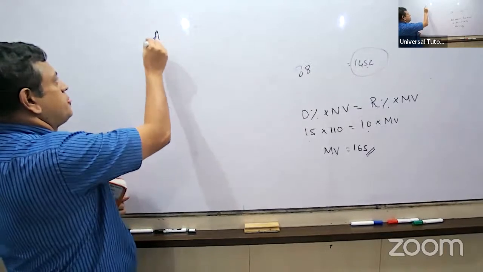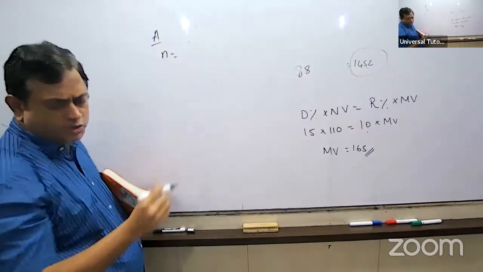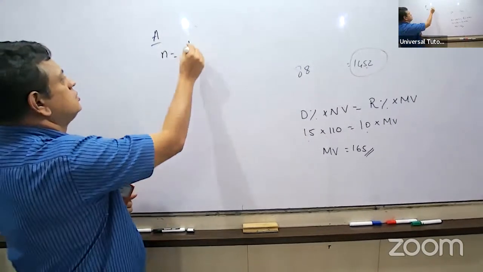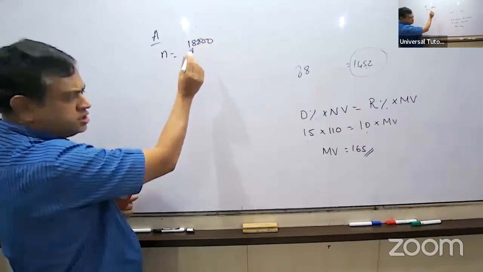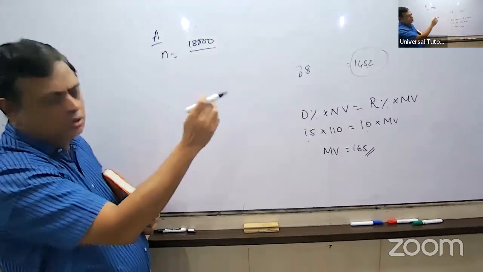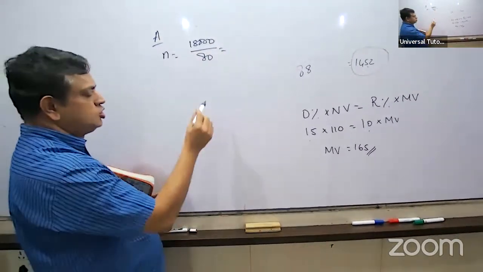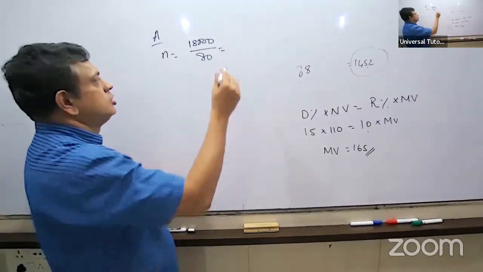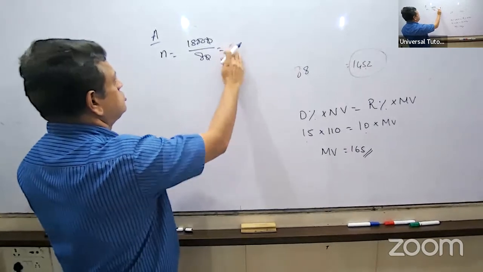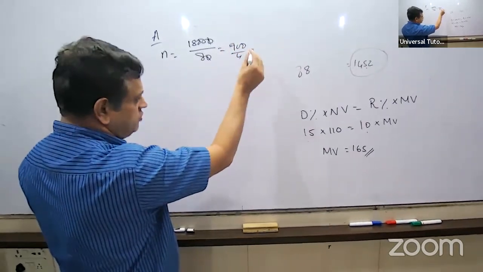For A, what is N? 18,000 divided by what is the market value? 80, that is equal to 900 divided by 4, or 225.